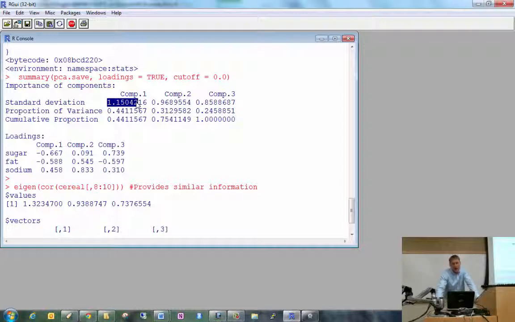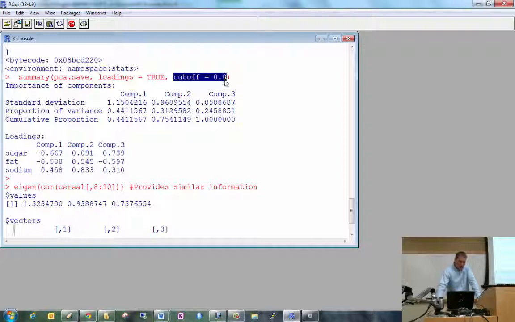So to some respect, do we really need princomp? Well, you can easily use eigen to do your calculations. And then, as you will see next time, you would have to find the scores yourself versus them being automatically calculated.